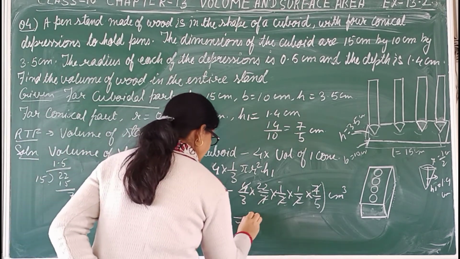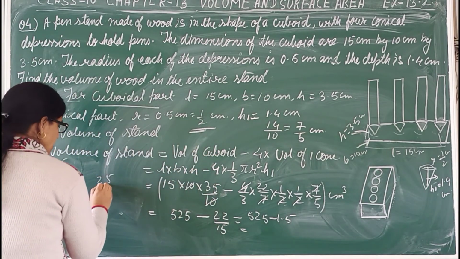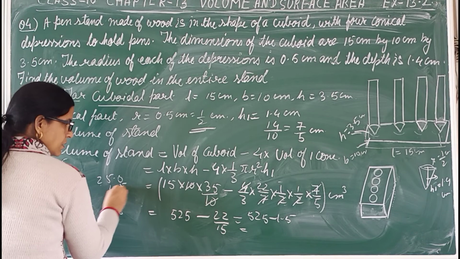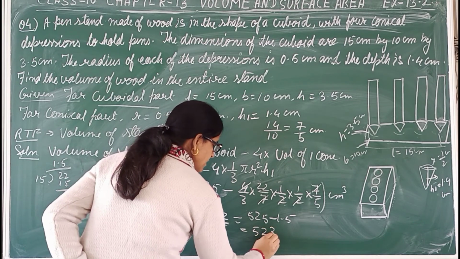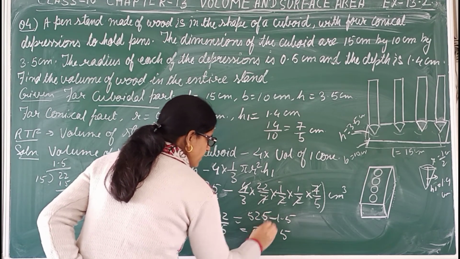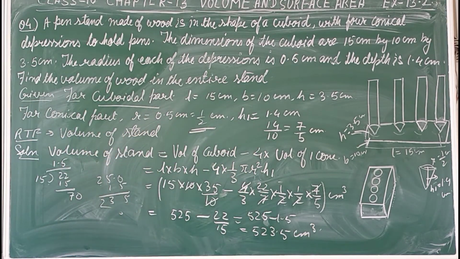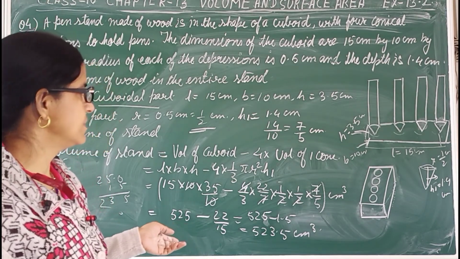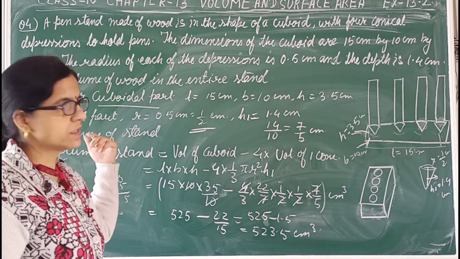So this is 525 minus 1.5, approximately value I am taking. So this will be 523.5 centimeter cube. 523.5 centimeter cube. So this approximate value you have taken, you can take it to 2 decimal places also. The question was very easy. The only thing is that you understand the concept and then go with it.